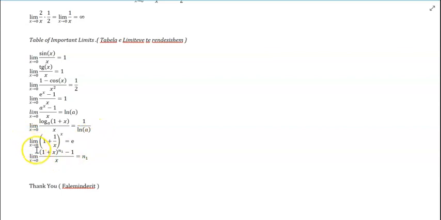The limit when x goes to 0 of 1 plus 1 over x all to the power x is equal to the Euler number e. And the limit when x goes to 0 of 1 plus x all to the n power minus 1 over x, this will end up with n.